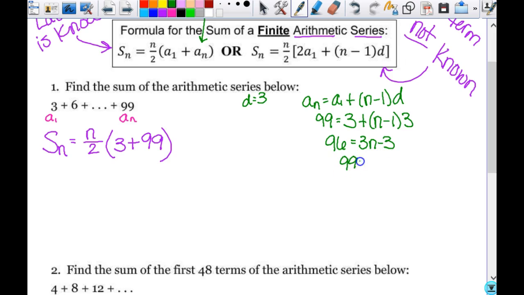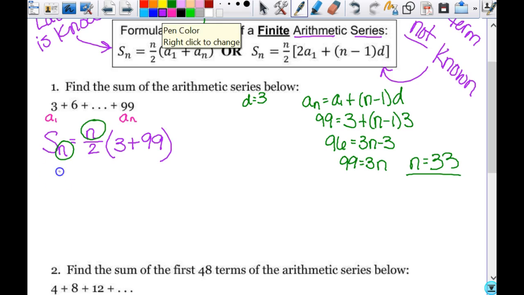So 99 equals 3n, and n equals 33. So now that I have that, I can come back and substitute it in these two spots. So what I'm really looking for is the sum of these 33 numbers. That's equal to 33 over 2 times, what's 3 plus 99?